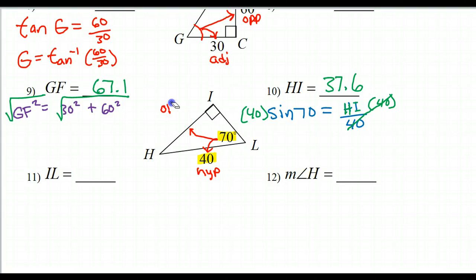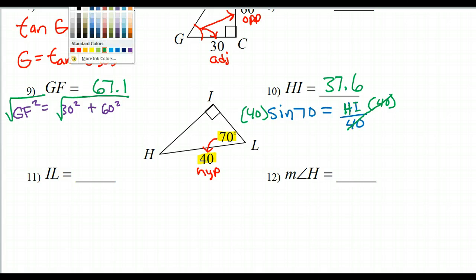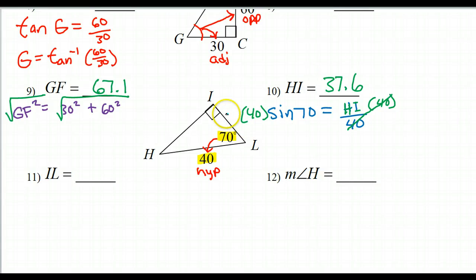Okay, IL. So I'm going to erase this aspect and get ready for IL. So here is IL right there. Let me highlight that. There's IL. So looking at these 3 pieces now, 40 is still the hypotenuse, of course, but IL is the adjacent leg. Adjacent hypotenuse, that's the cosine function.